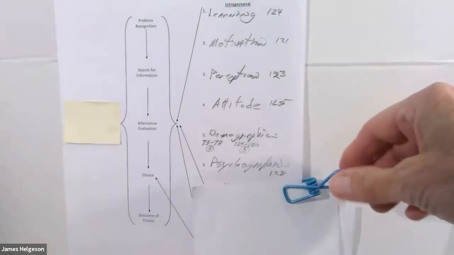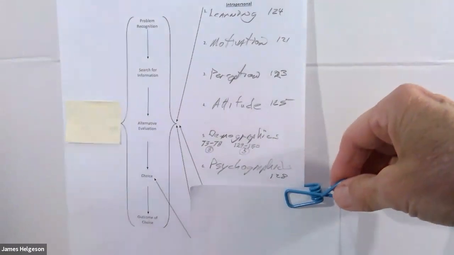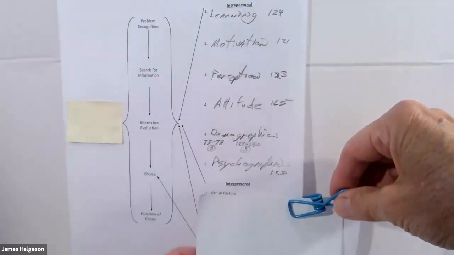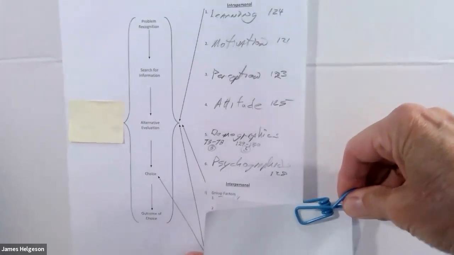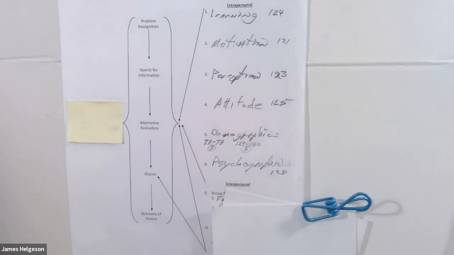Should we slide down another notch? Okay, so that's looking at a collection of intrapersonal psychological things that impact consumers making decisions. Now, let's see what we can do here. I want to look at some sociological things that impact decision making in a general sort of way.